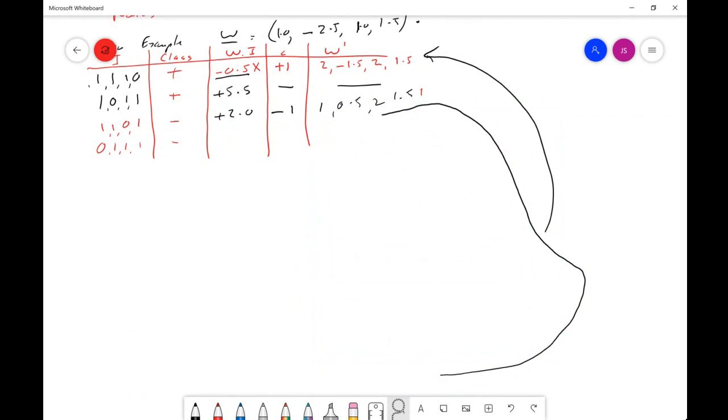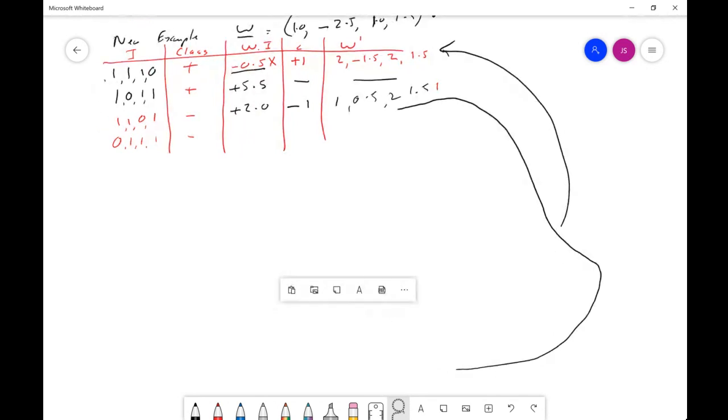And for the last pattern, it's the scalar product of the latest weight vector with the next input pattern. It'll be 0. Second element is 0.5. Third element is 2.